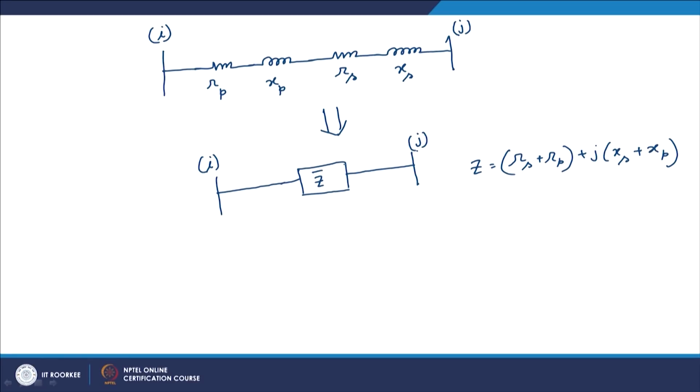So, for all practical purpose, the transformer model is very simple. It is just simply represented as a simple impedance connected between bus I and J, and this value of impedance is nothing but the total resistance of the primary plus secondary side and the total reactance of the primary plus secondary side.